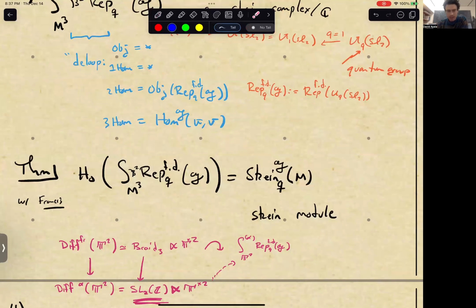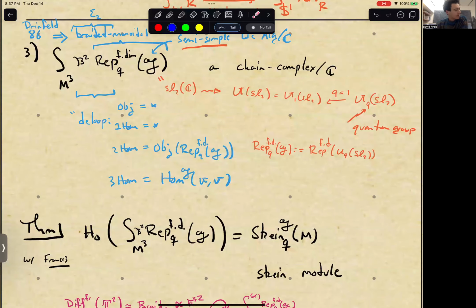There would be an interesting story for tilting modules, but maybe I shouldn't say too much. Yes, q is generic here for this statement. And M is assumed to be closed. Thanks. M is any compact manifold with boundary for this statement.